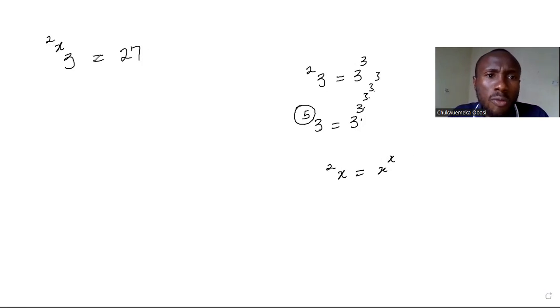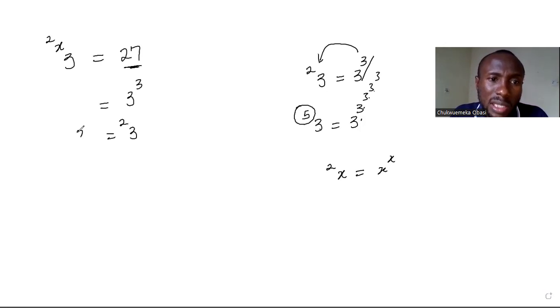So let us go over solving this problem. Let us see how we can transform 27 in its tetration form. You know, 27 is written as 3 to the power 3. And because this is 3 to the power 3, which is what we have here, I can put it in tetration form as 3 tetrated to 2.